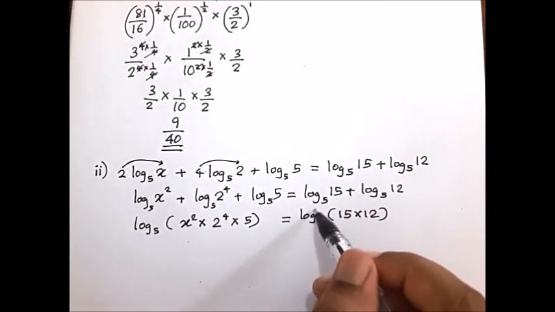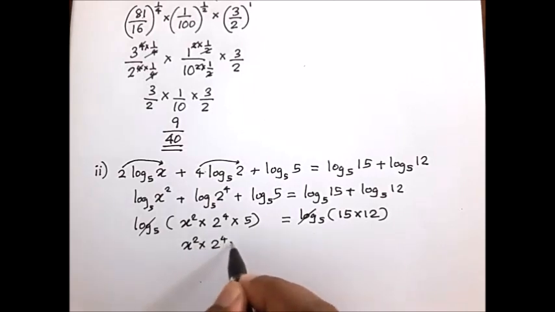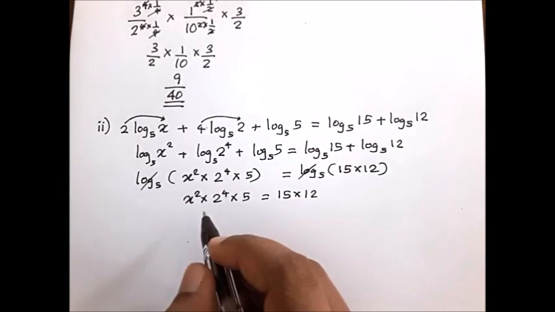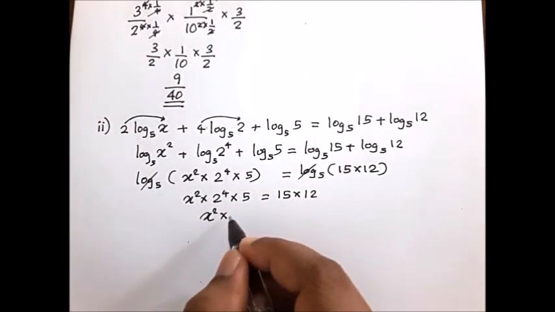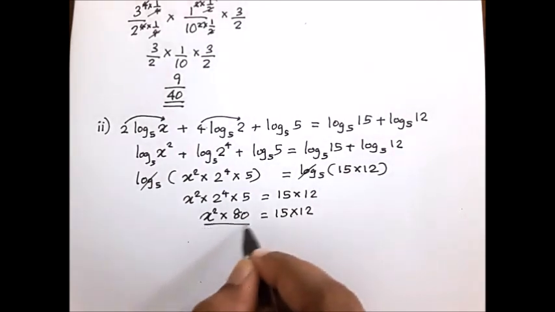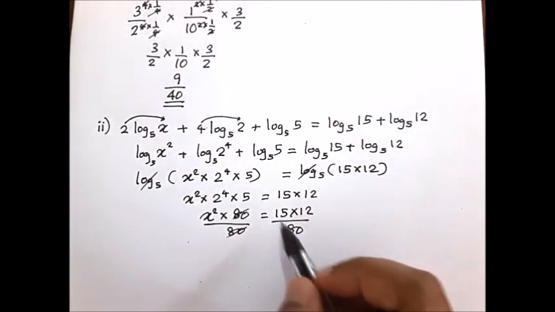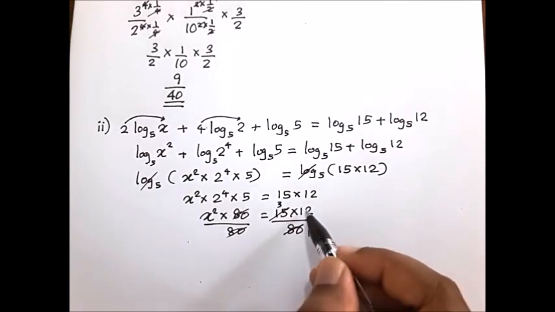Now on both sides you can cancel logarithm of base 5. This is the remaining part. 2 to the power 4 is 16. 16 multiplied by 5 is 80. Divide both sides by 80. Cancel. You can cut these two by 5, giving 3, and here 16.